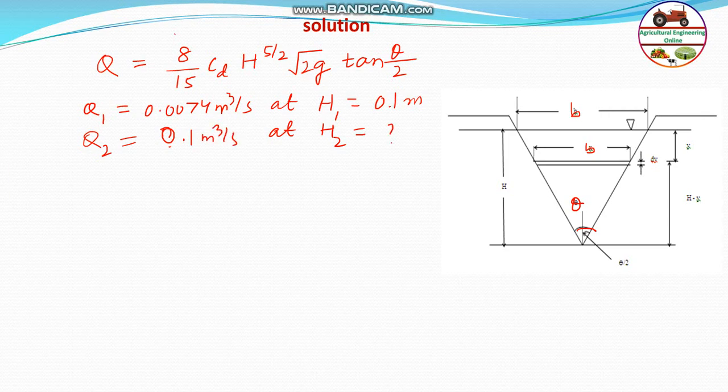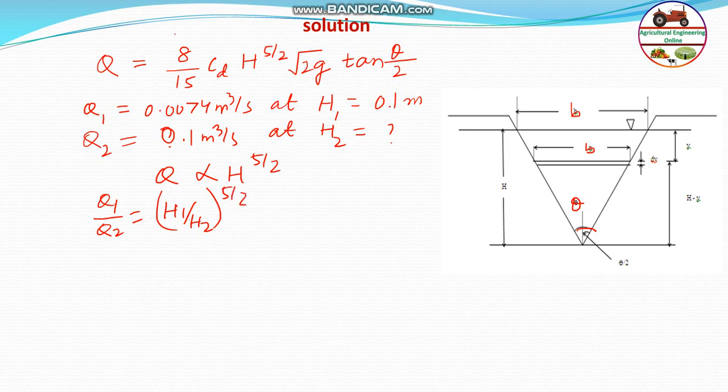From the equation, Q is directly proportional to h to the power 5 by 2, since Cd is constant for the same notch. Therefore Q1 by Q2 will be equal to h1 by h2 to the power 5 by 2.